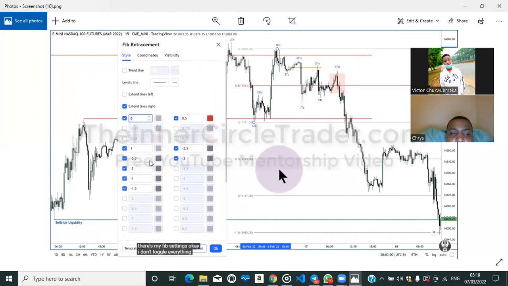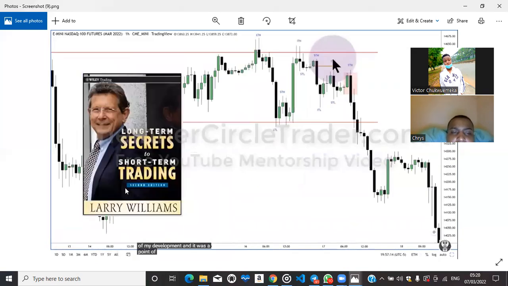You can apply them as well. Gotcha. But wait, hit X on the fib retracement so I can see market structure. Okay. Right now, go back.